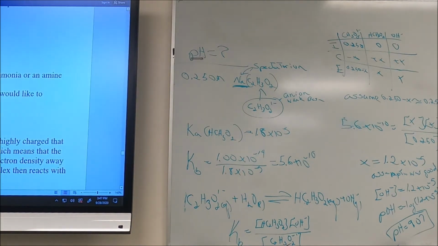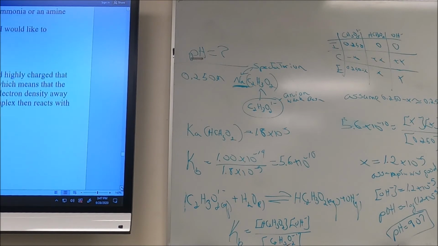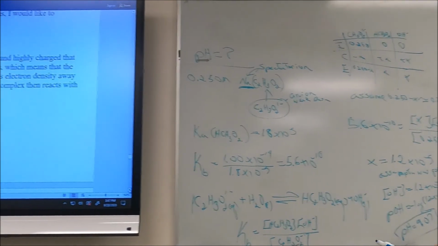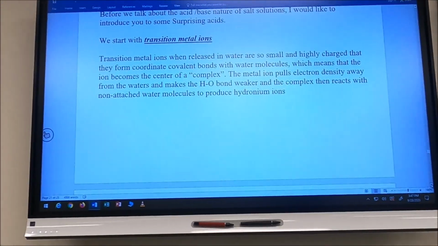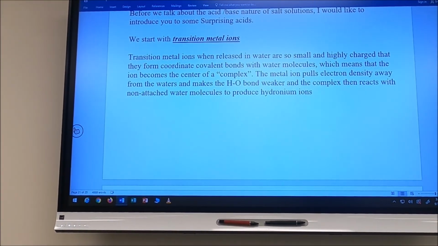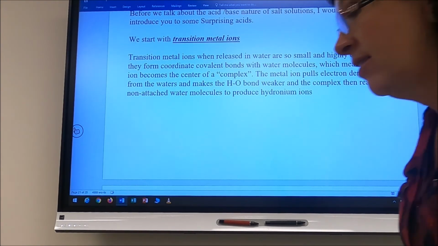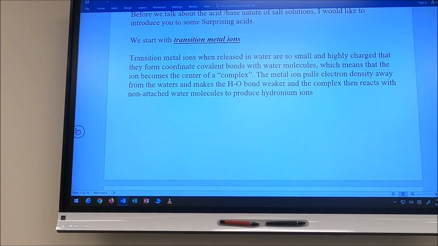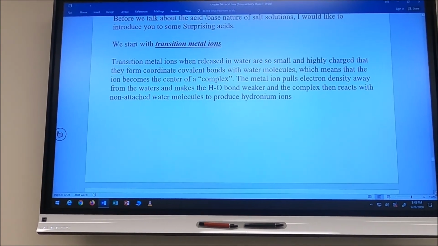All right, time to move on. With the discussion here of anion weak bases, I need to talk about salts and the fact that a salt doesn't necessarily have to be neutral. I mean, the last salt we looked at was acidic.